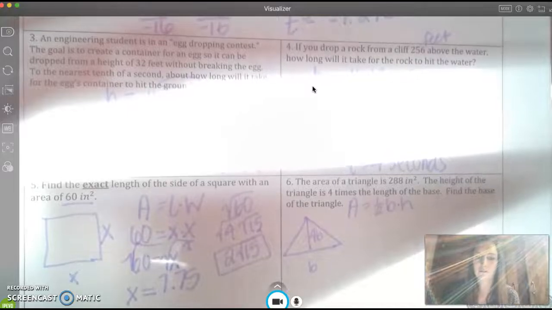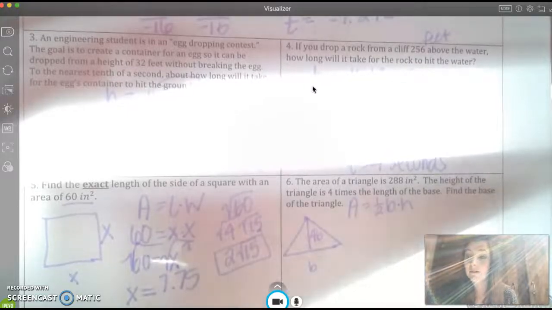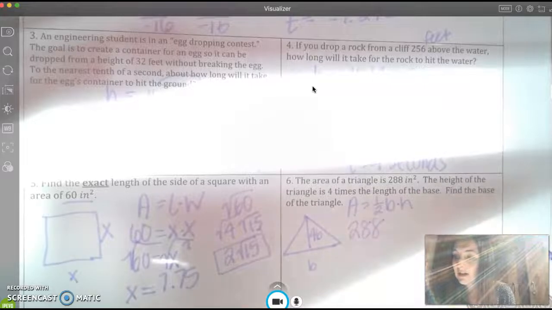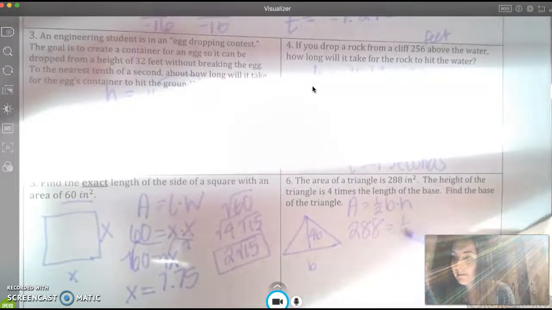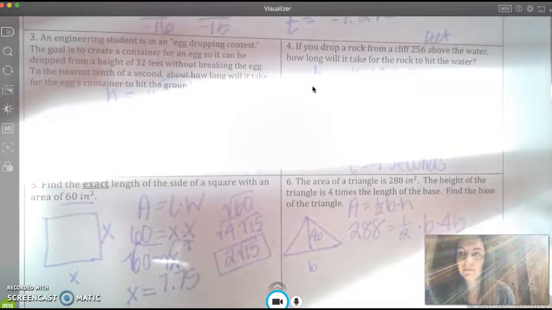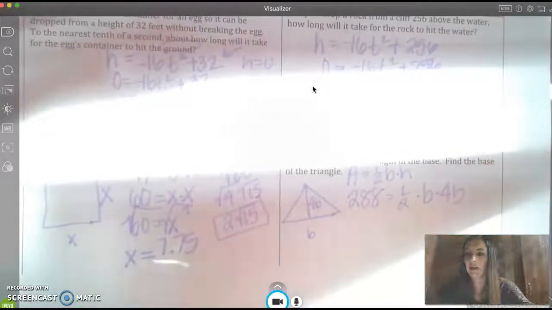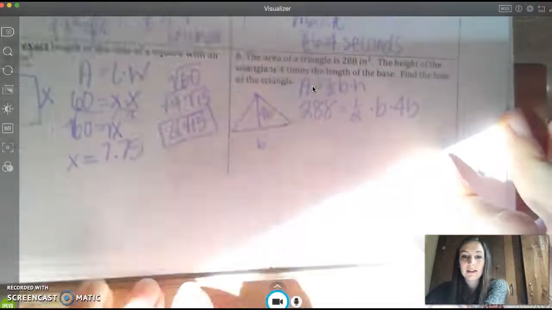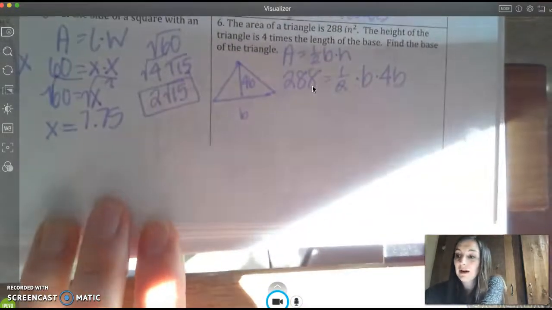And so now I have the parts to plug into my formula. I have 288 is my area times 1/2. My base is b, and my height is 4b. Okay, so now I just need to multiply everything through and solve for b.